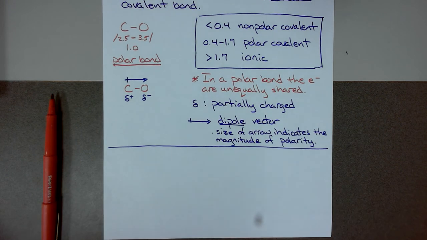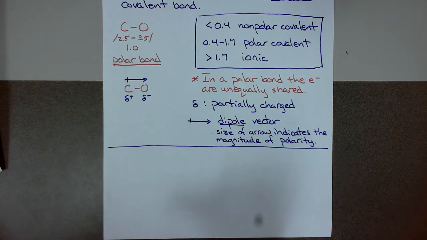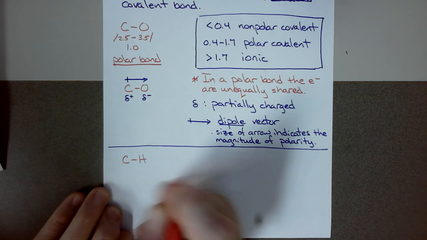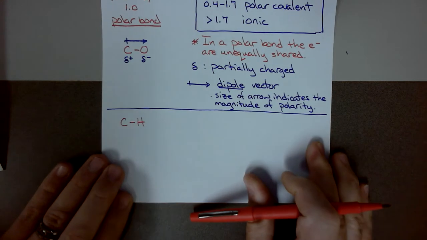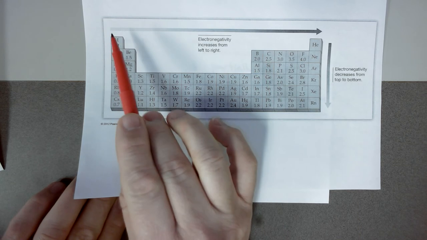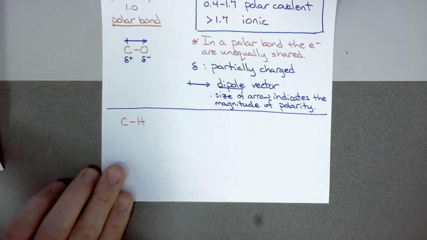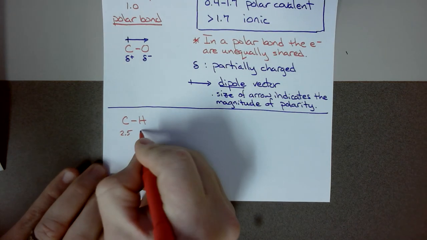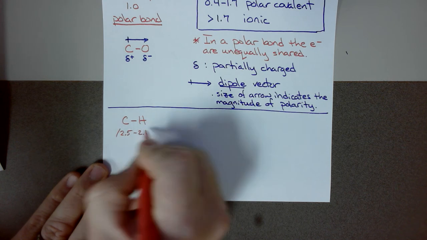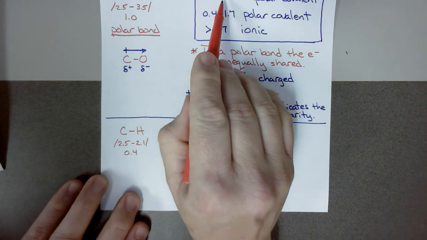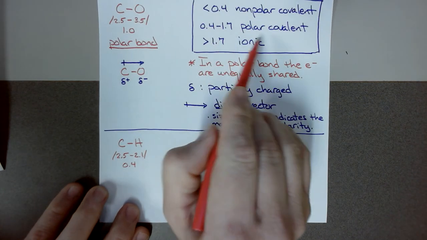Okay, so let's take a hydrogen-carbon bond. Now I go back to my electronegativity chart. Carbon is a 2.5 value and hydrogen has a 2.1 value. So that difference is 0.4. Now remember, anything 0.4 and greater is going to be polar covalent.